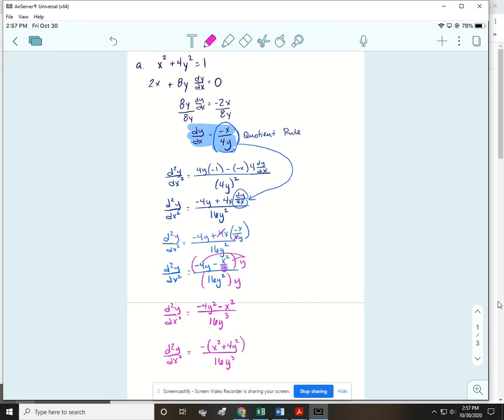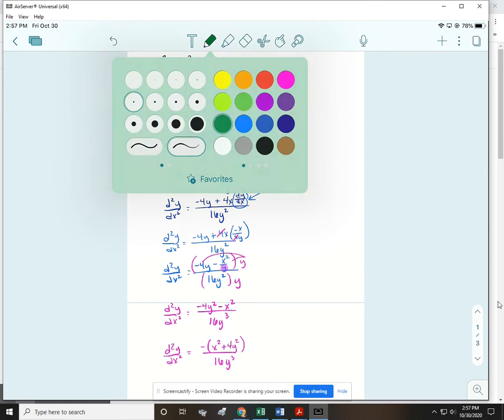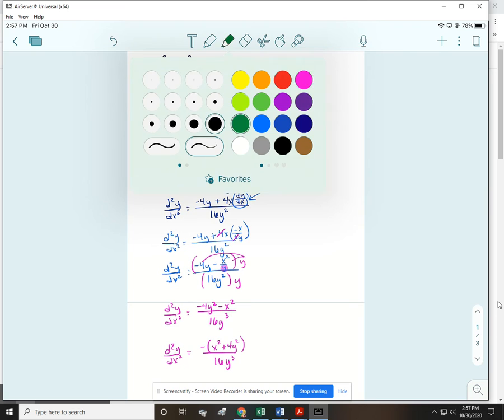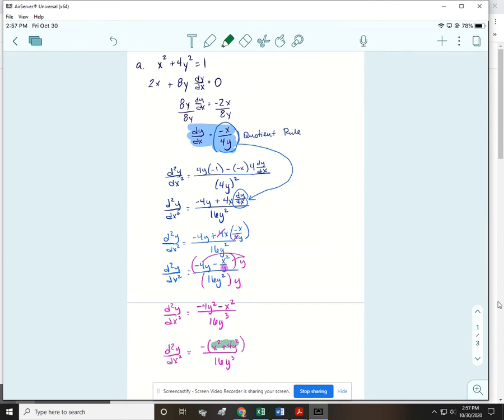All right, if you look at that and you look at the whole problem, do you see something in the answer that's also somewhere else in the problem? This x squared plus 4y squared is the original problem, and that is just equal to 1.